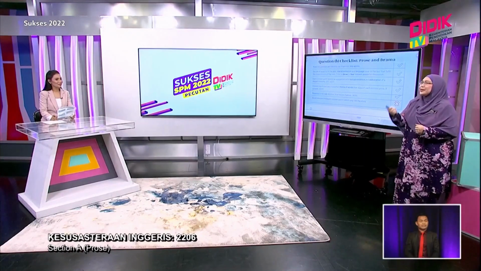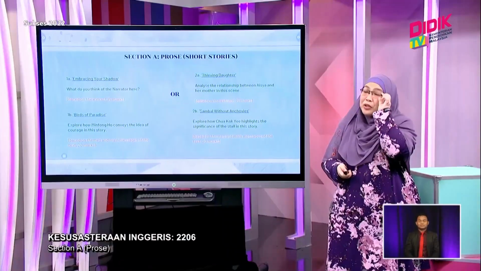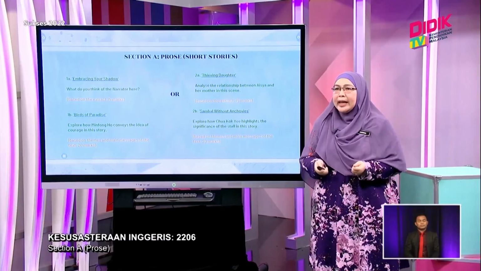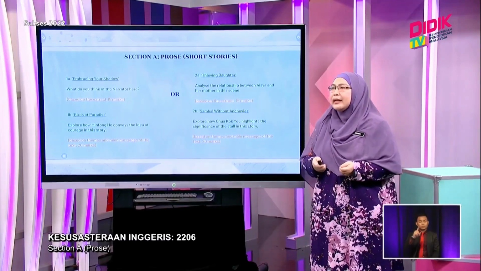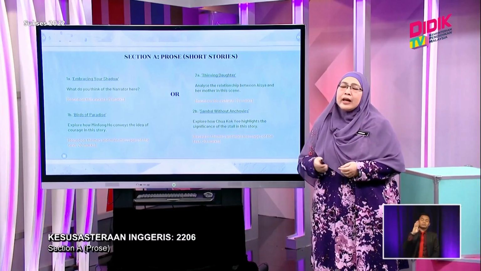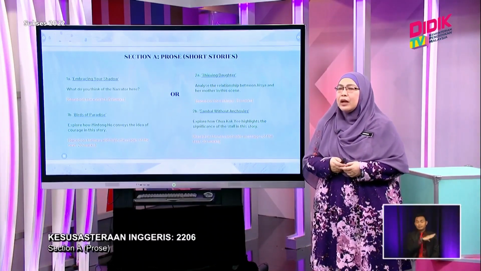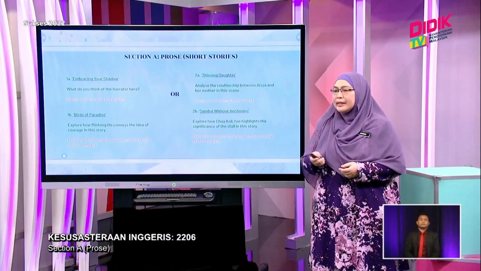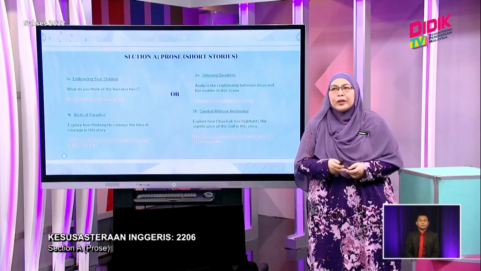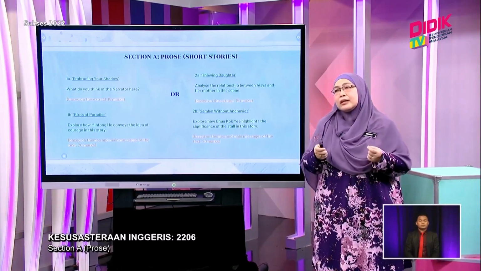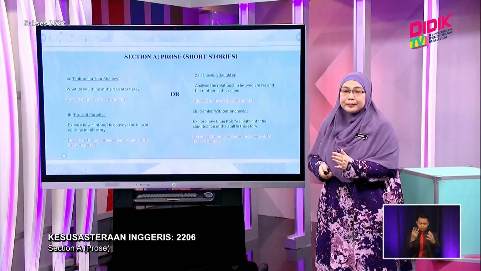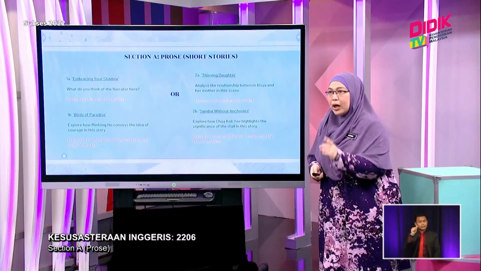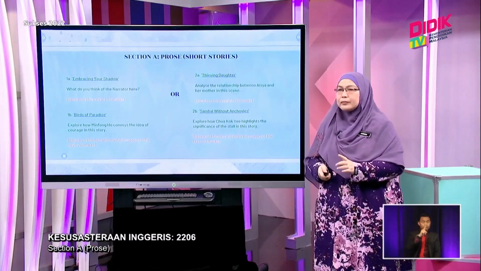It's all right. Let's go to what kind of questions could appear. You've got there 1A and 1B, 2A and 2B. These come from the 6 short stories, and they are Embracing Your Shadow, Birds of Paradise, Thieving Daughter, Sambal Without Anchovies. So if you're going to answer based on the short stories, quickly decide: am I going to do 1A and B, or am I going to do 2A and B?